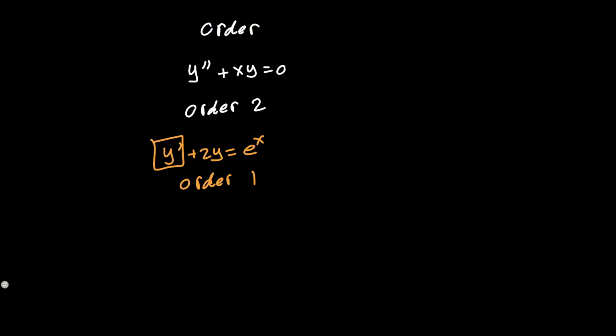But what degree is this? Is this a first degree, second degree, or third degree? Well, since here we have a linear differential equation, this is simply going to be a first degree.